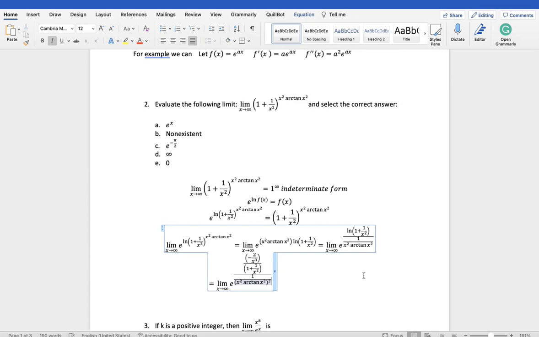And then the numerator, you have negative 2x arctan of x squared, plus another bracket 4x cubed divided by 1 plus x to the 4, and then you close these brackets.